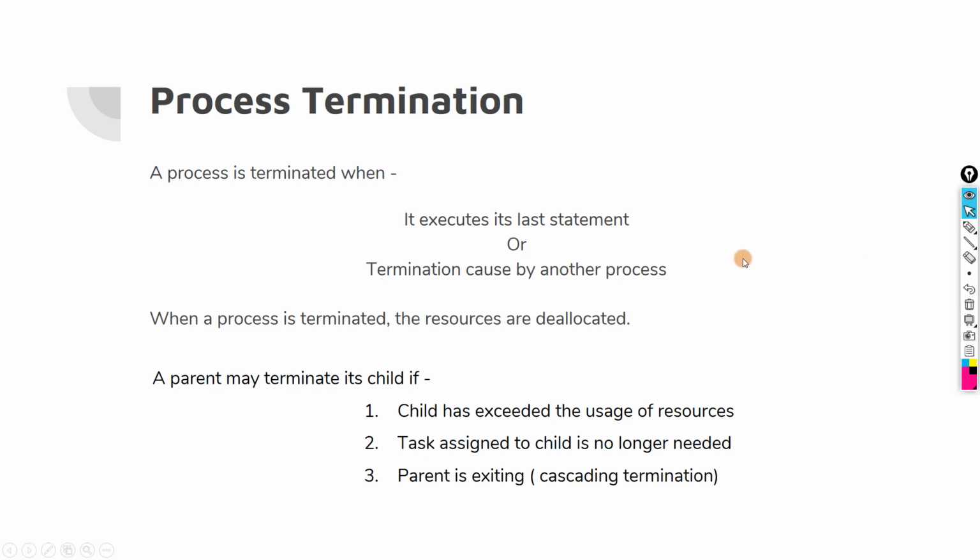Now let us think about process termination. After some time we know the process will be terminated, right? So when the process terminates, it executes its last statement. How does the operating system understand that the process is terminated? When the process executes the last statement, or the termination may be caused by another process, I mean, another process is forcefully terminating some other process. So in these two ways processes are terminated in the operating system.